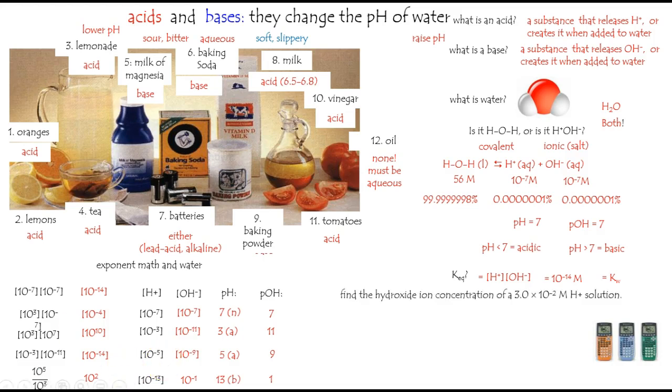Finally, let's solve a problem. Find the hydroxide ion concentration if H+ is 3.0 times 10 to the minus 2 molar. Well, I could estimate that somewhere in the realm of a pH of 2, but it'll be offset by that. So that's the formula I'd use. This is always true, and we've got one. We'll plug in for the other.